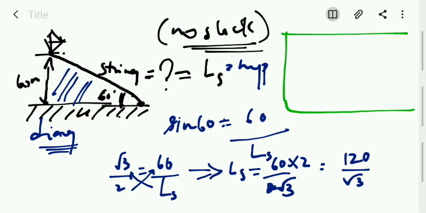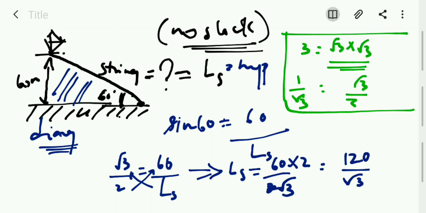Now what is this root 3? I mean, 3 can be written as root 3 into root 3, right? Can I write it like this? Correct, right? 3 can be written as root 3 into root 3. Now if I want to get 1 by root 3, what do I have to do?